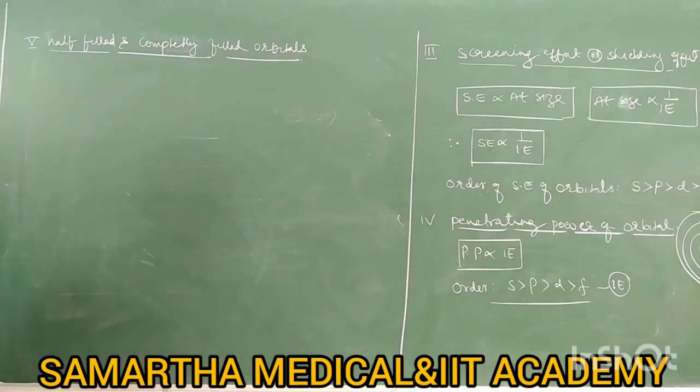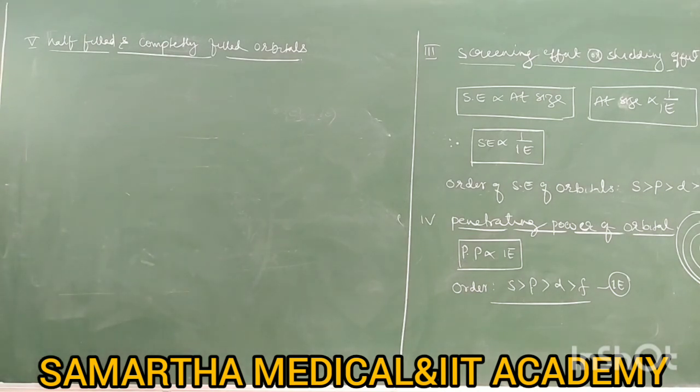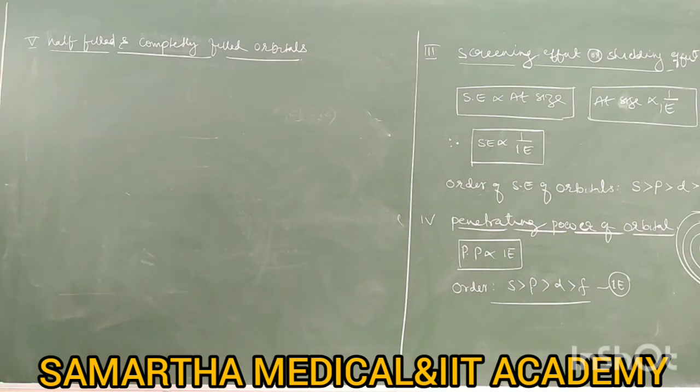We know that half filled and completely filled orbitals are usually more stable. Therefore, since they are more stable, it is very difficult to remove the electron from the outermost orbit. It means they will have more ionization enthalpy.